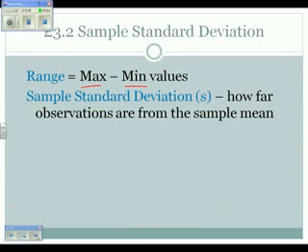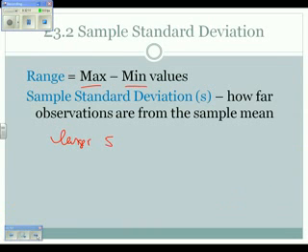The sample standard deviation tells you how far the observations are from the sample mean. Until we work with it a good bit, it probably won't mean as much to you. But basically, S represents sample standard deviation.